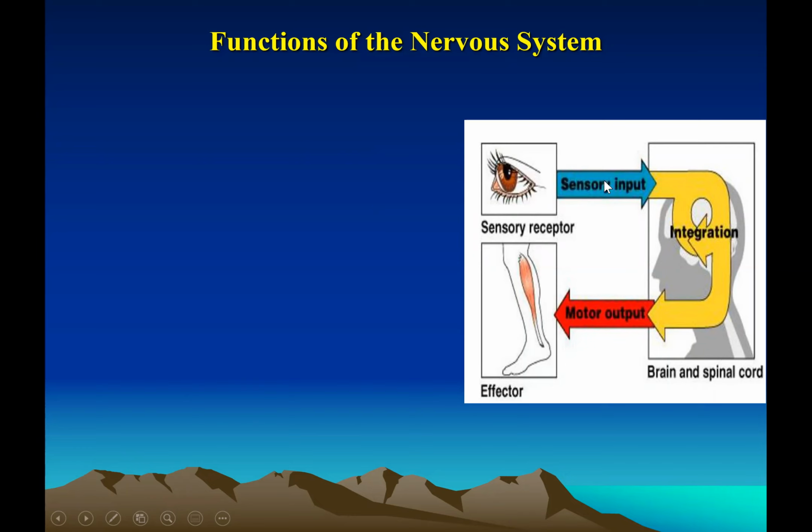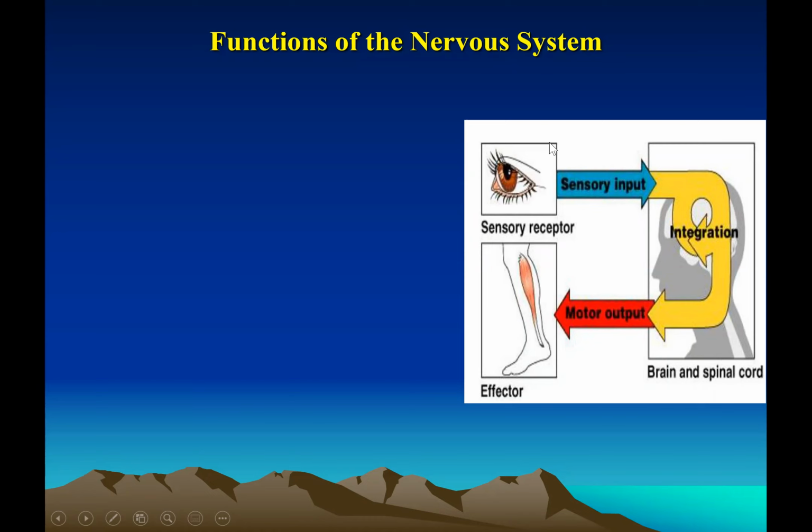But your brain is also listening to your heart, your lungs, your urinary system, your reproductive system. So the message can either be outside the body or inside the body. So this is called sensory input or the sensory function.